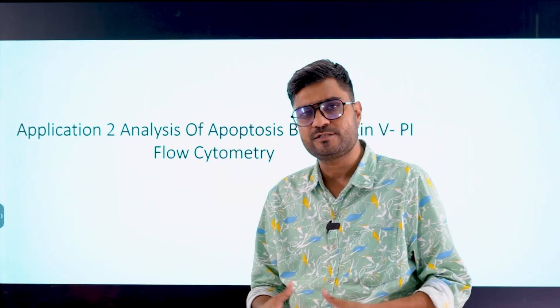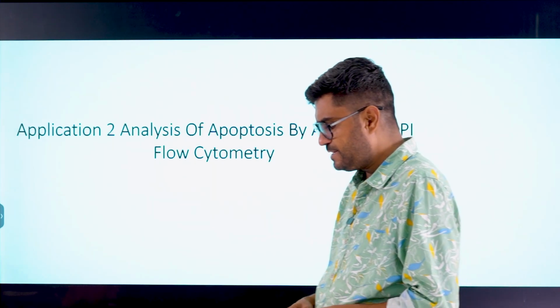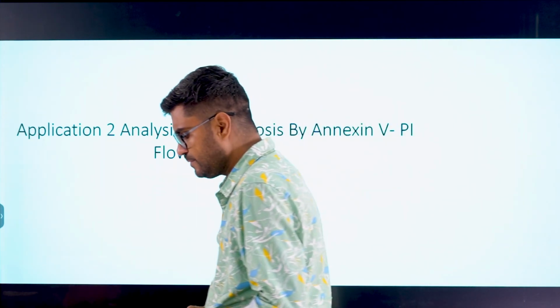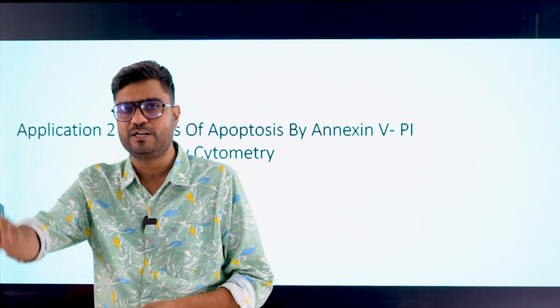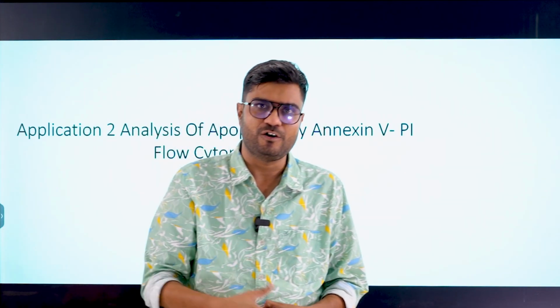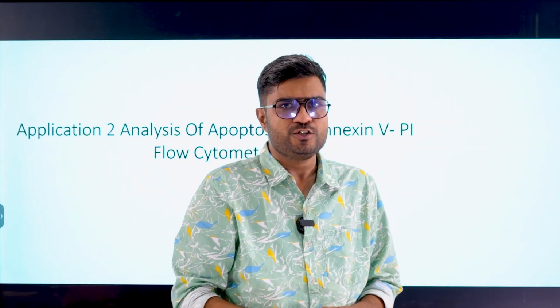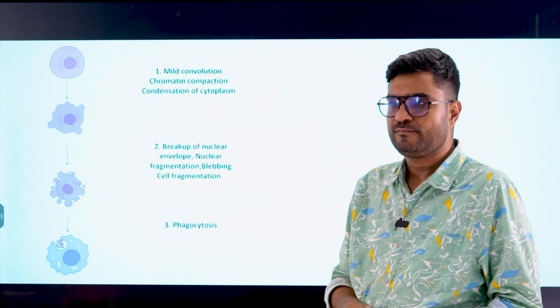So what is apoptosis? It is programmed cell death. It means it's a cellular mechanism where signaling is deciding that this particular cell is going to die. This is one of the methods of cell death. So what happens if a cell is undergoing apoptosis?